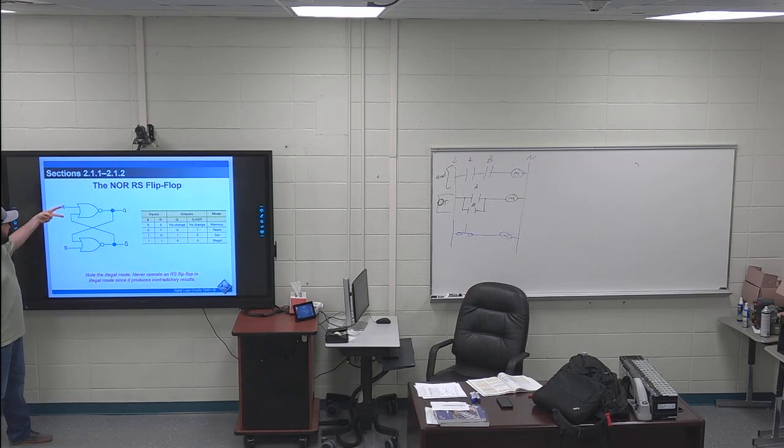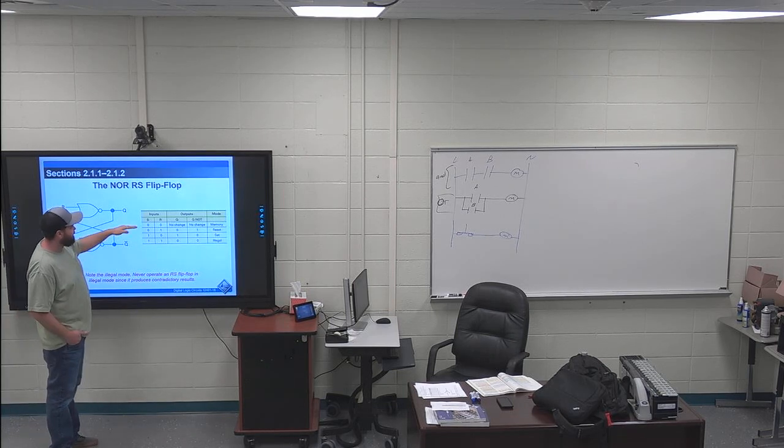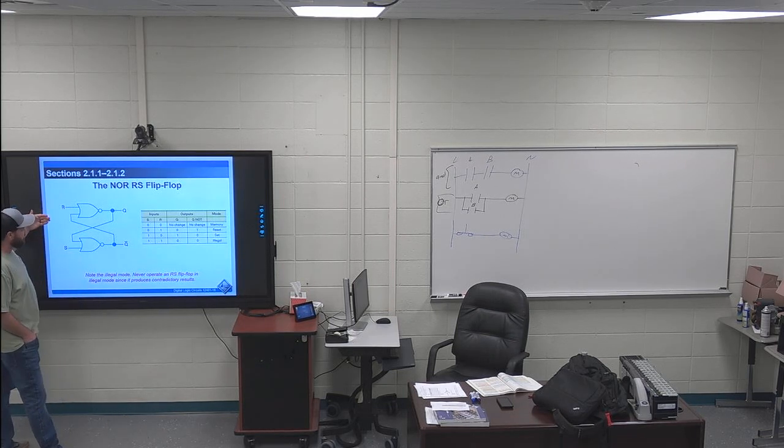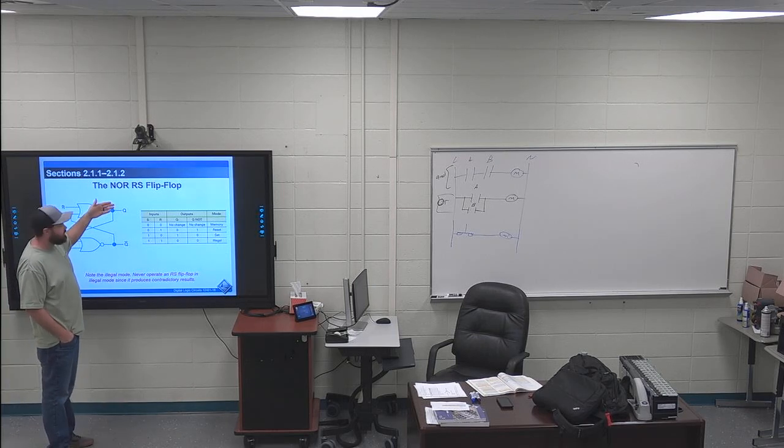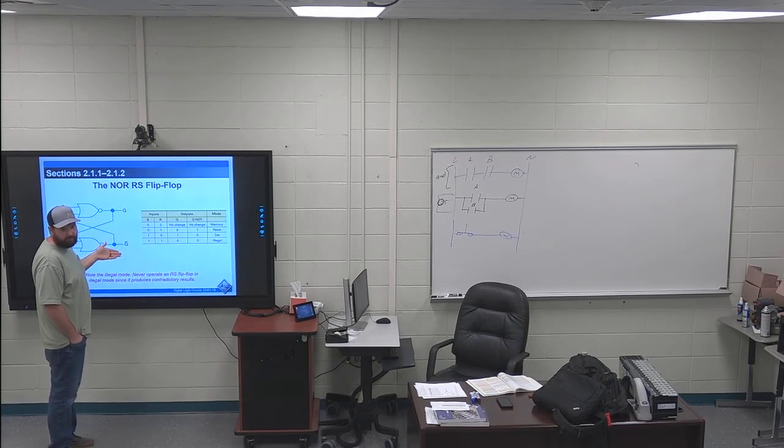So if I have either my R or my Q not coming back into here, if I have either one of those, this is going to output a 0. Same thing for down here. If I don't have my set, it's going to output this. So walking through my first line, if I don't have set, I don't have reset, nothing is going to change on my output.